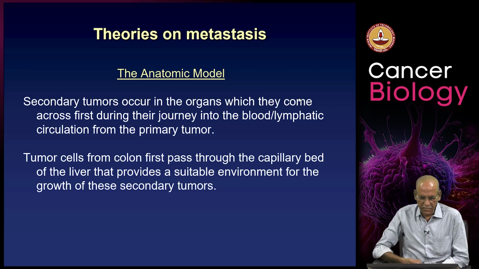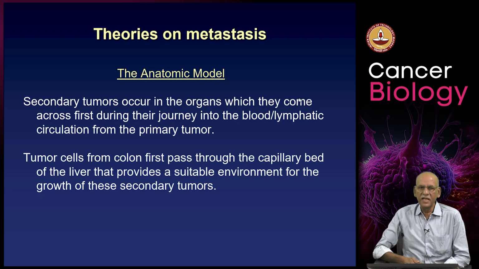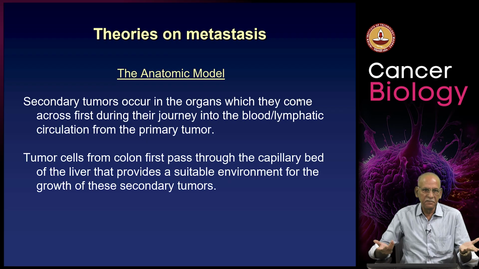Whatever tissues they come across during their journey into the blood, they may invade that tissue. So, tumor cells from colon, for example, as I told you, this again does not fit with the other tumors. If you remember, I told you the breast tumor, the secondary site is something like brain, bone marrow. So, where is the neighborhood there?